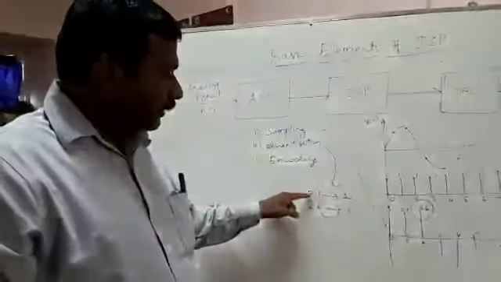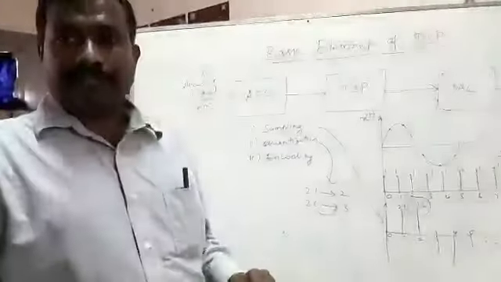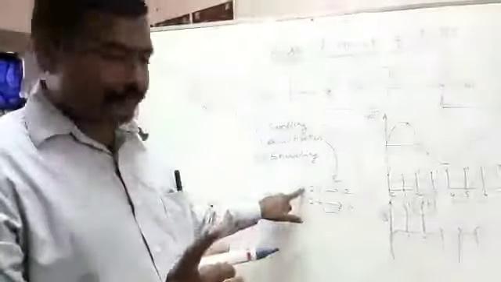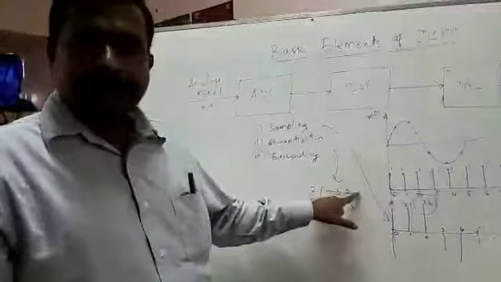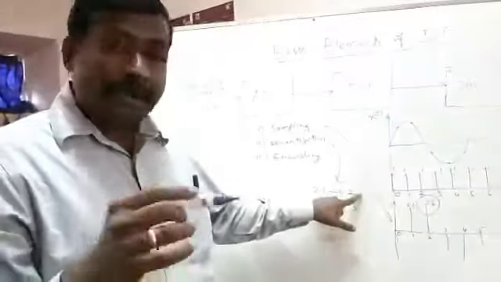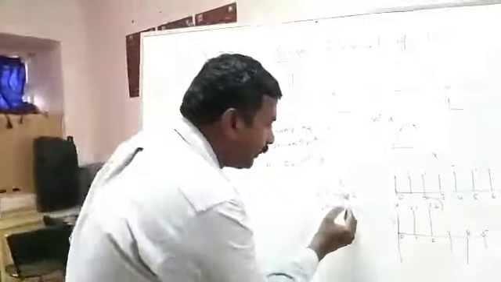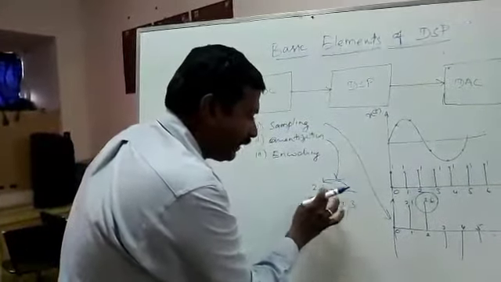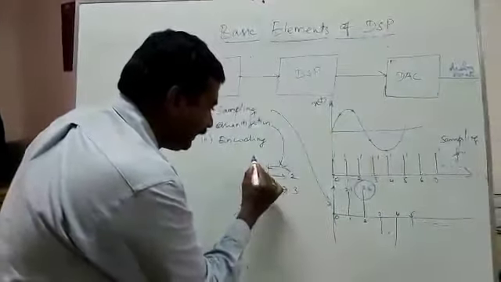By converting fractional into nearest integer values, the fractional values are the actual values. The converted or rounded off integer values are the quantized values. The difference between the quantized value, or the approximate value, and the actual value is called the error.